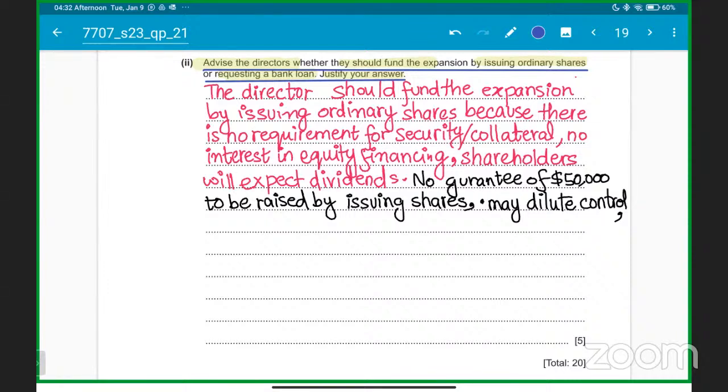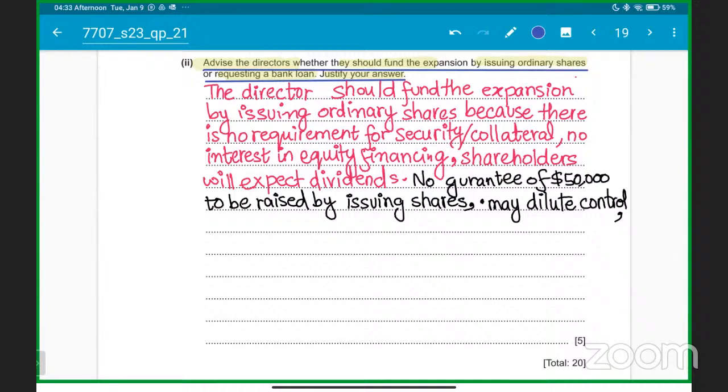When you are issuing ordinary shares, dividends need to be paid at the end of the year, but it is also based on the directors' decision whether to pay dividends or save the money for future purposes. We have talked about dividends as well. With a bank loan, the good thing is that even if the company fails and goes bankrupt, the bank loan and interest will have to be paid before the shareholders.